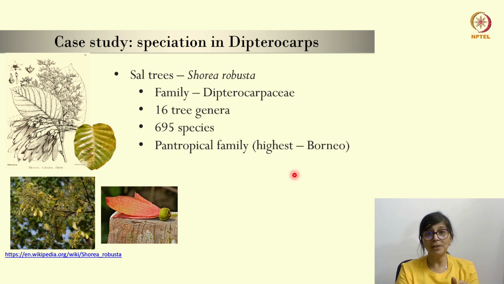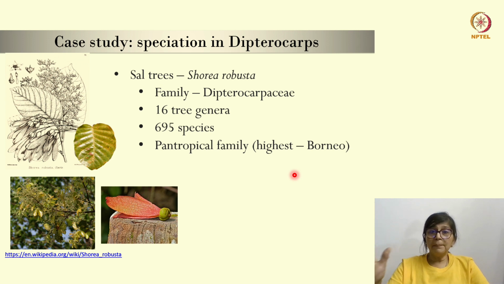Sal, or Shorea robusta, belongs to the family Dipterocarpaceae. We have extensive areas under sal trees in North India, where it grows in dry to moist deciduous forest. It is a deciduous tree, and hence in the winter months it sheds its leaves.